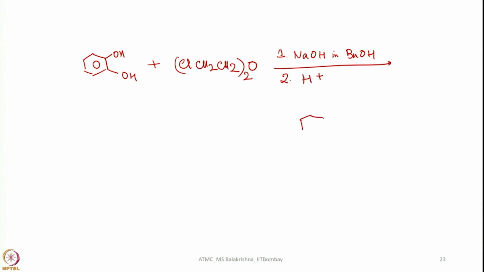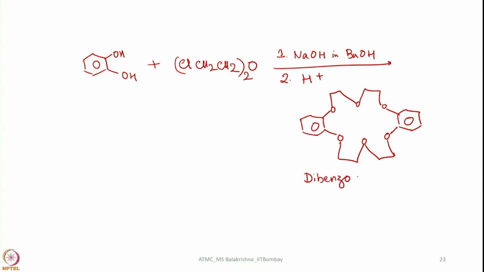So, it forms dibenzo-18-crown-6. Of course, whether the name given is correct or incorrect, you can always check that one. So, this is the typical method of preparation of crown ethers.